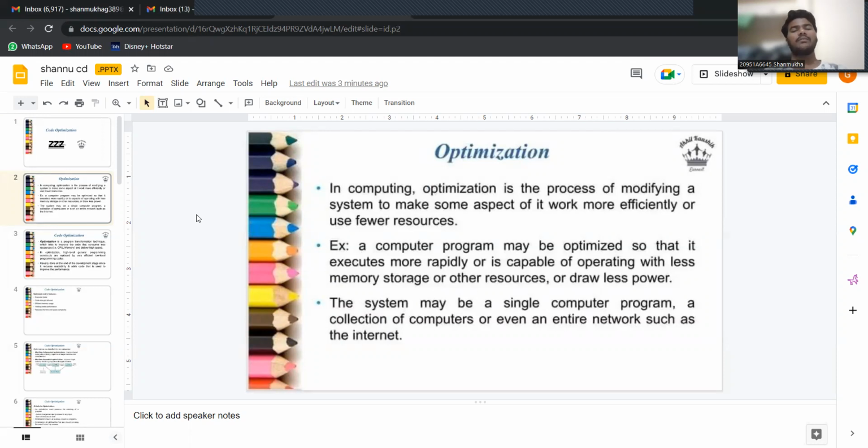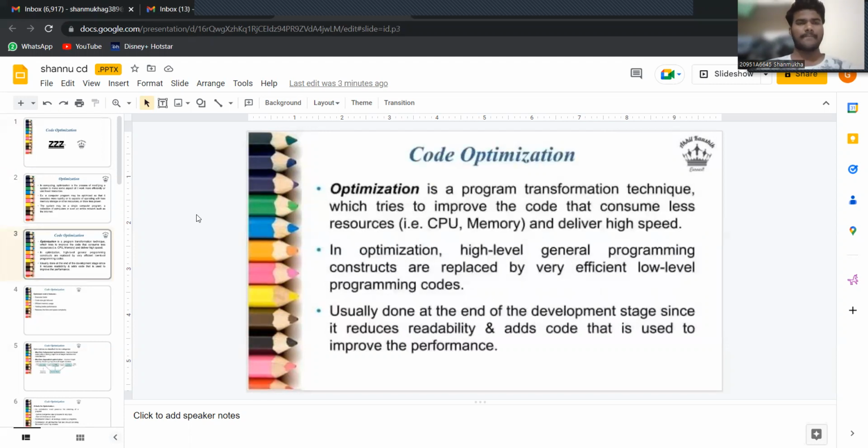The system may be a single computer program, a collection of computers, or even an entire network such as the internet.